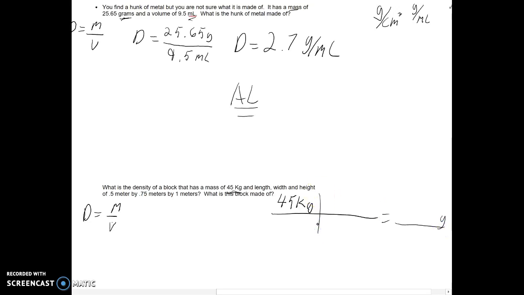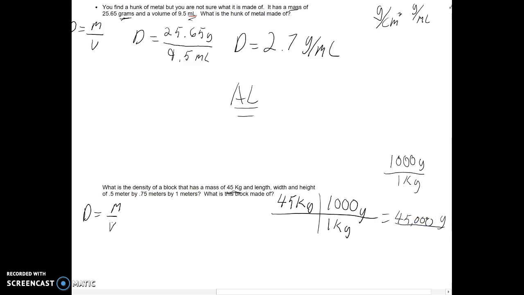As I know, there are 1,000 grams in 1 kilogram. So I'm going to have to flip that, or just leave it the way that it is. Don't flip it, plug it in. 1 kilogram on the bottom, so my units cancel. 1,000 grams up top. And I have 45,000 grams.